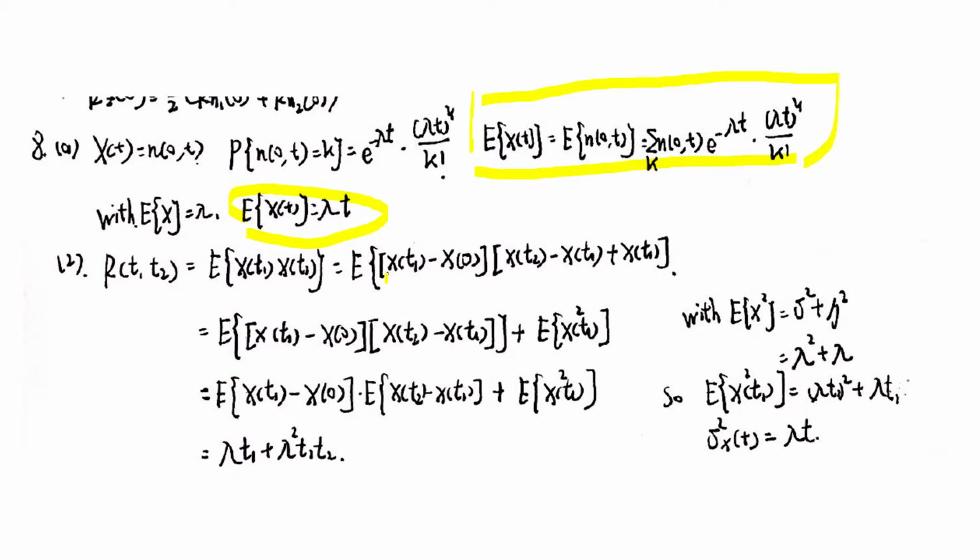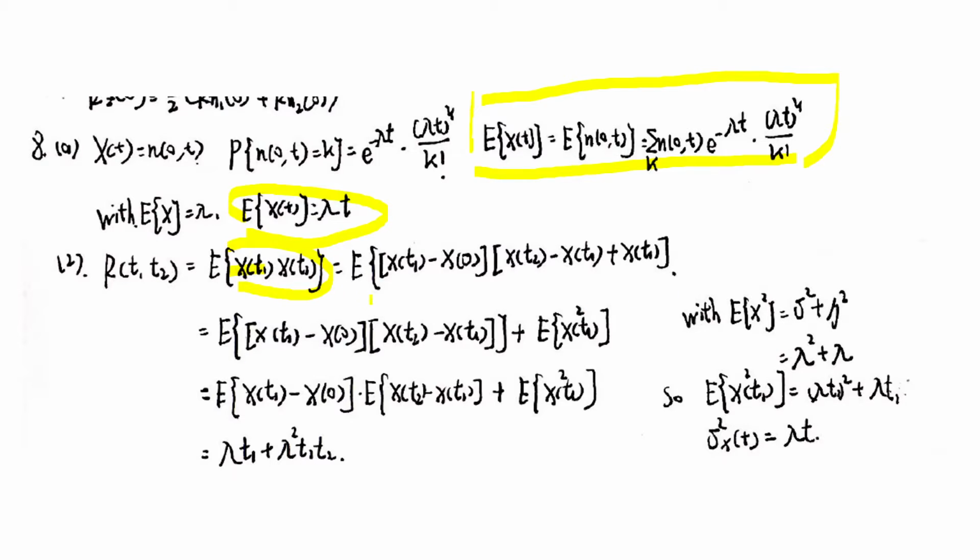Based on what we calculated in the first question, E[X(0)], where t equals 0, should be 0. So we can rewrite the first part as X(t1) minus X(0), because E[X(0)] is 0, so it makes no difference with the previous expression here.